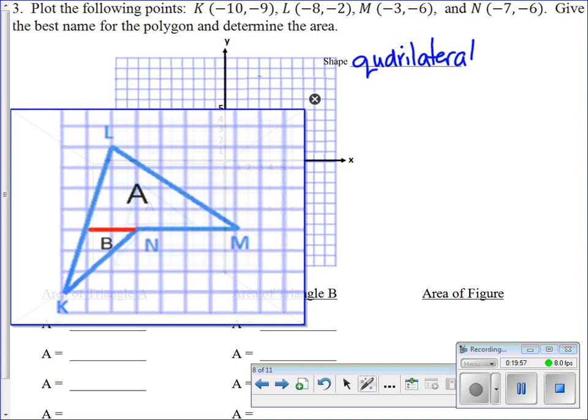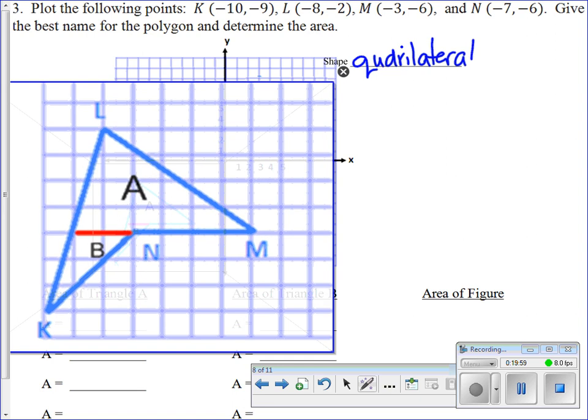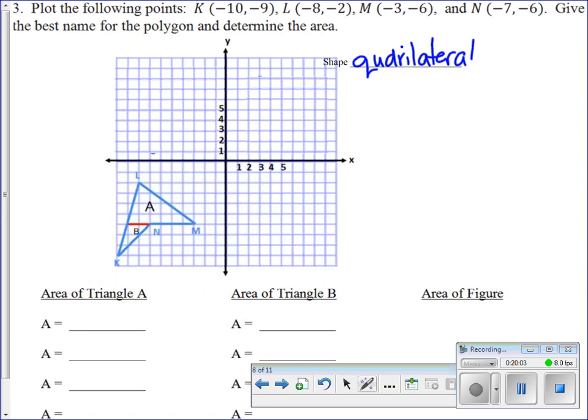If I go from here and drop down, this isn't working. All right, I tried to be creative. So I could go from here and drop down and find my height of triangle A because it forms a right angle with the base.